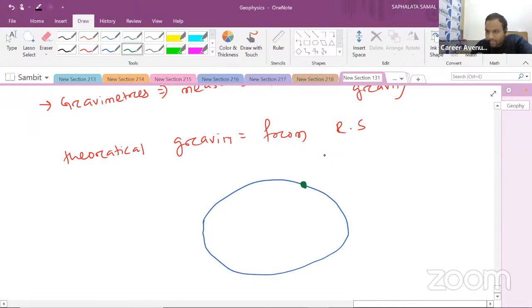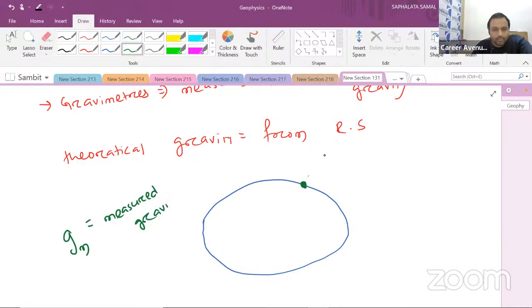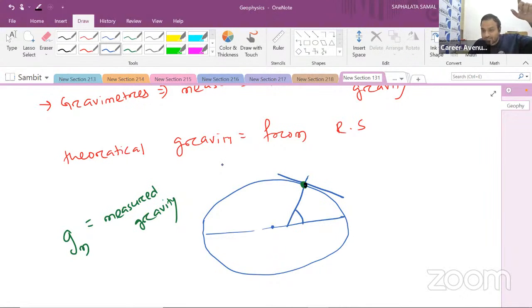So I take my gravimeter and measure the gravity at this particular position. Let's say that is GM, measured gravity. But this particular place has a latitude. I can draw the tangent, draw the geodetic latitude, and put it in the reference spheroid equation. Find out the gravity. That is my theoretical gravity.